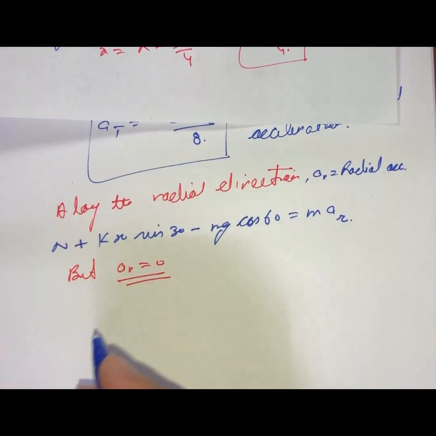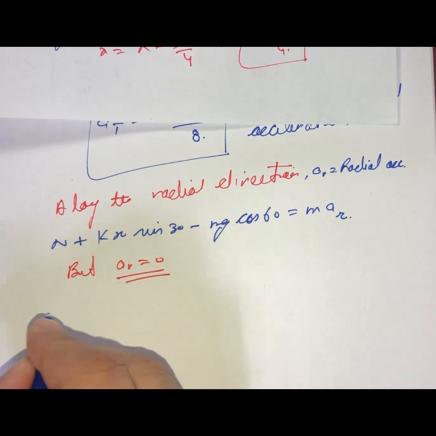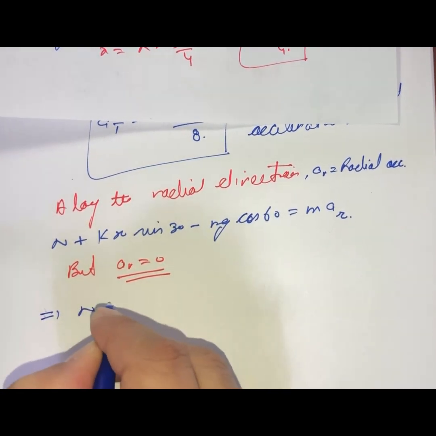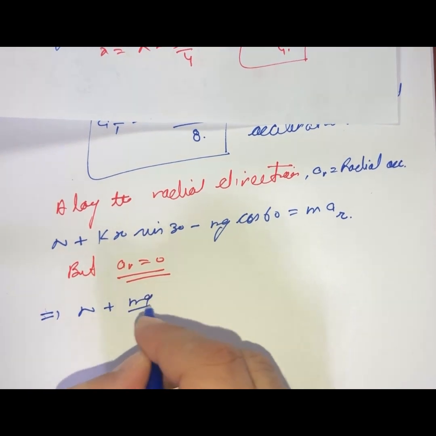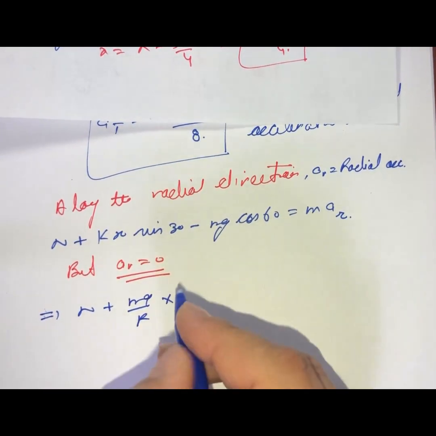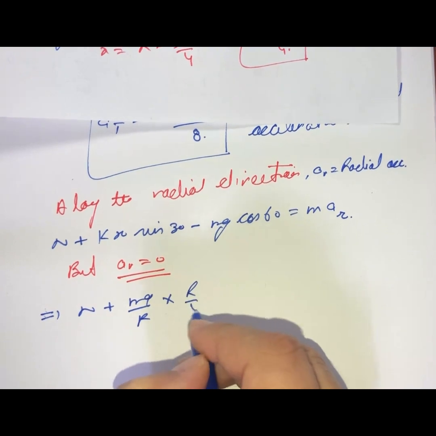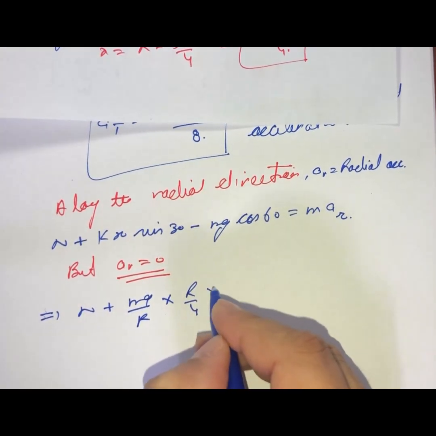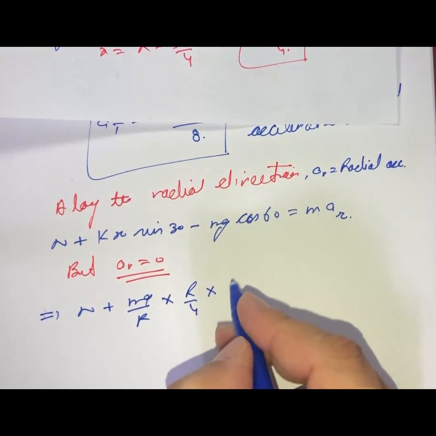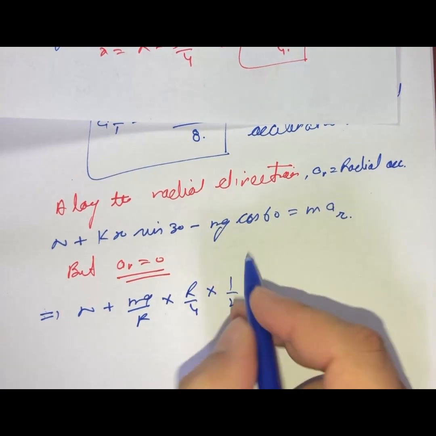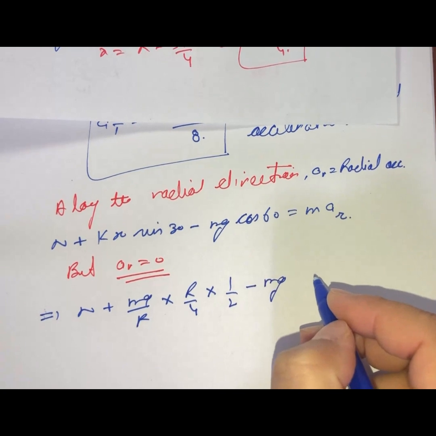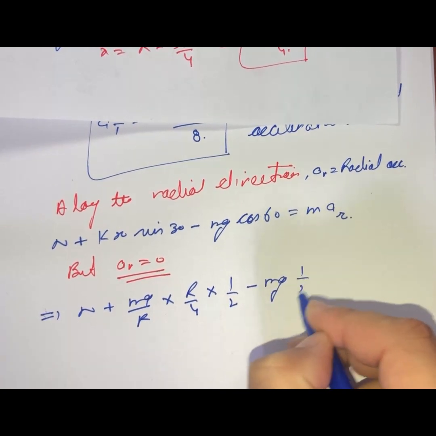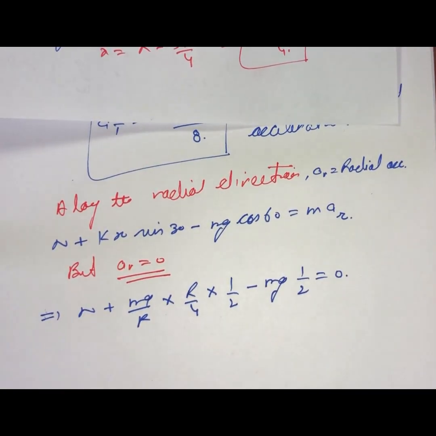Therefore, we can say, substituting the value of k as mg upon r, we know x is r by 4, and we have sine of 30, that is 1 by 2, and this is mg, and we have cos of 60, that is also 1 by 2, is equal to 0.